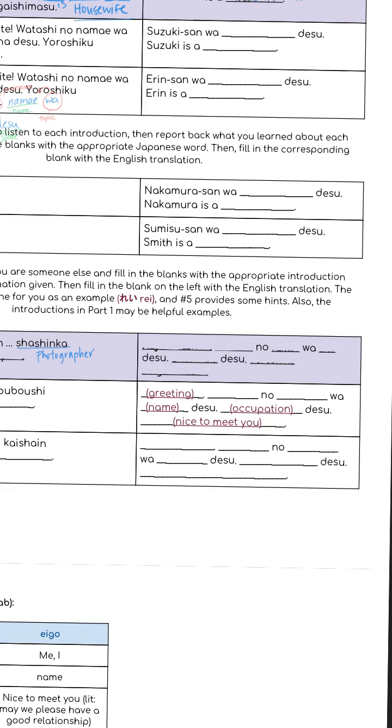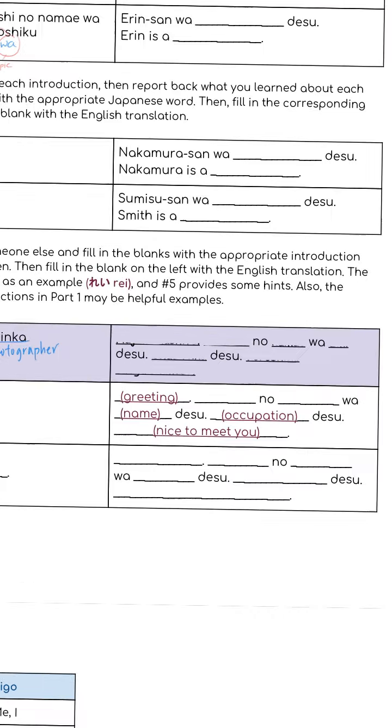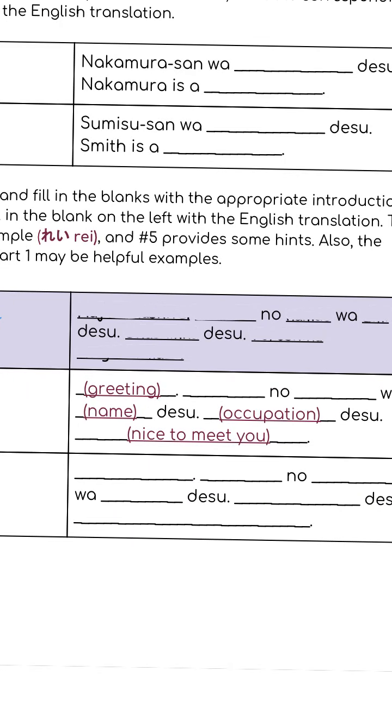So, how do we start off our introduction? Do you remember? Yoku dekimashita. So we're going to start off with hajimemashite. Okay, so hajimemashite, and then what do you tell someone? So nice to meet you. You're gonna want to introduce yourself with your name.